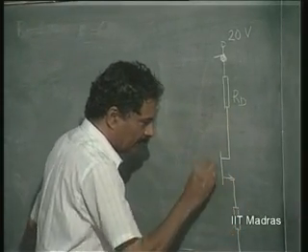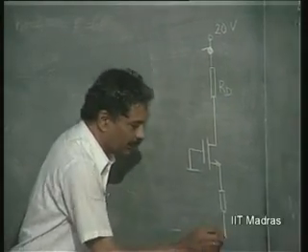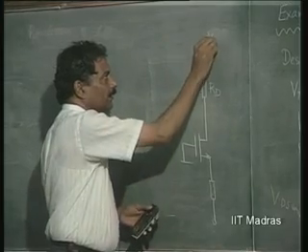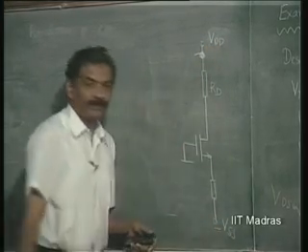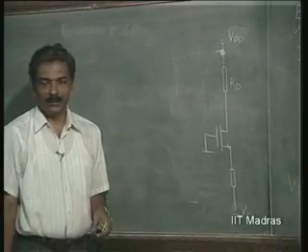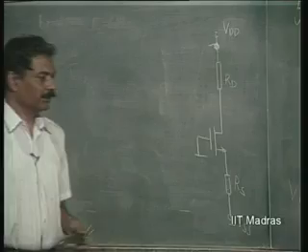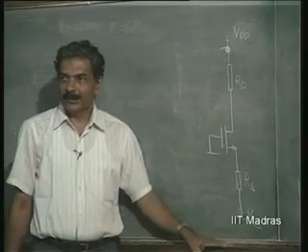Instead of using single supply, I ground this and now use here VDD. I will use VSS here and put an RS here. This is the alternate way of biasing.